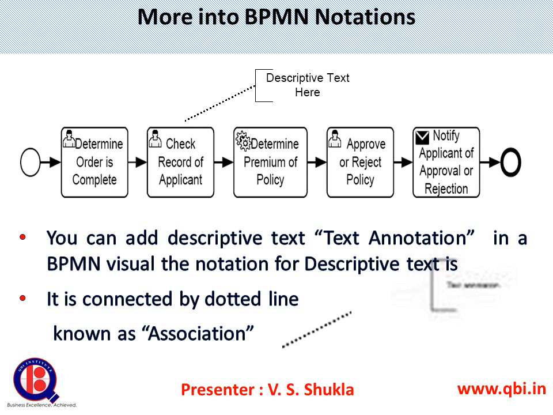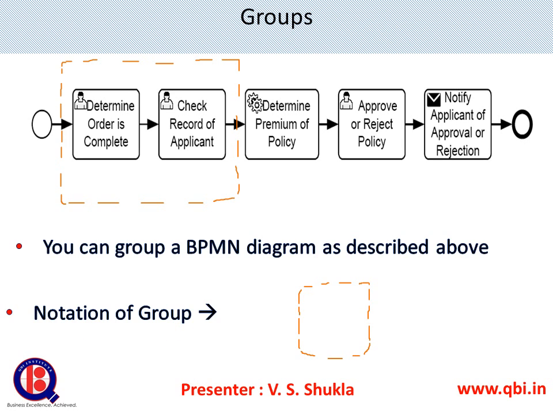Sometimes we may like to enrich our BPMN visual with some additional text. This additional text can be shown in the diagram with the help of an open bracket. This open bracket is called a text annotation. Text annotation is connected with other BPMN elements through a dotted line. This dotted line is known as association. In BPMN, we can group similar activities of a process.